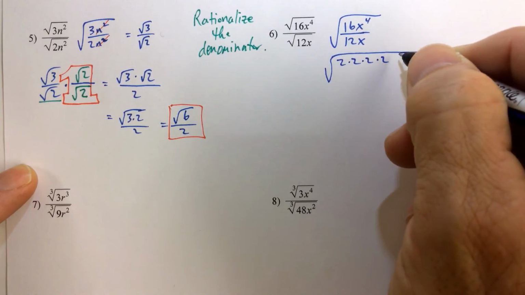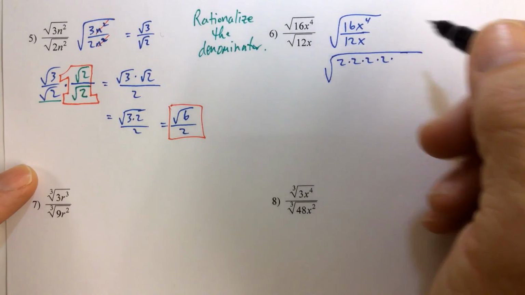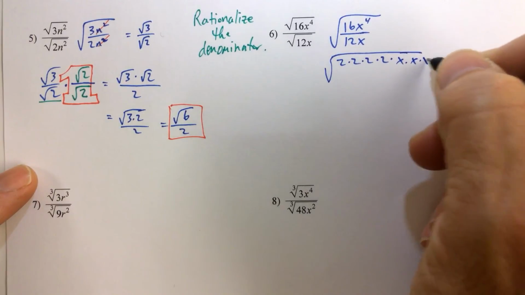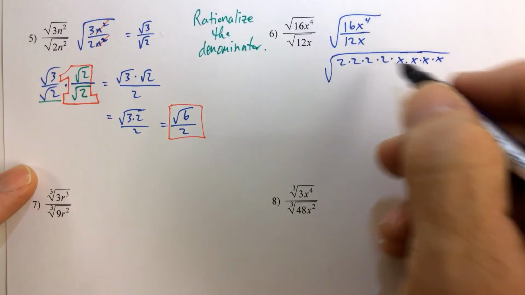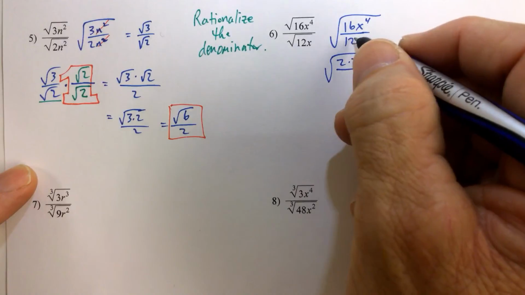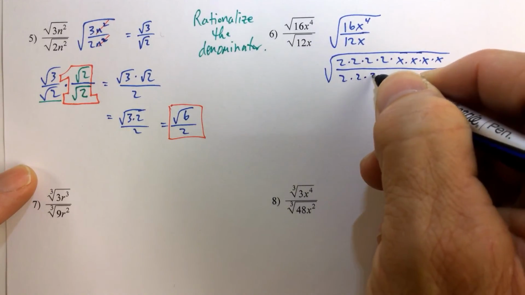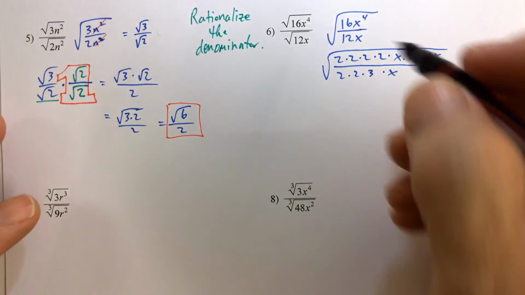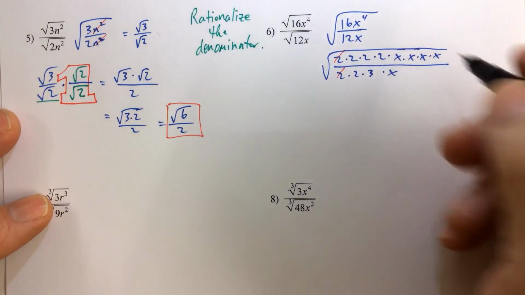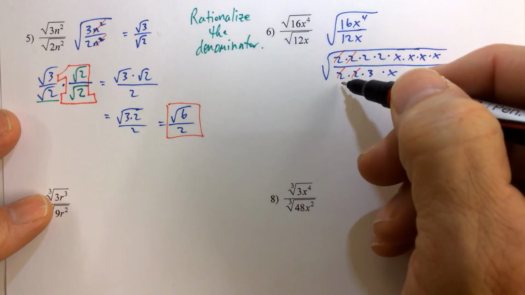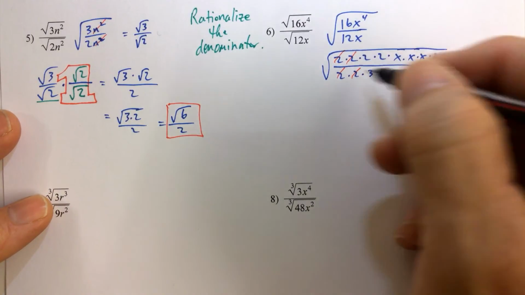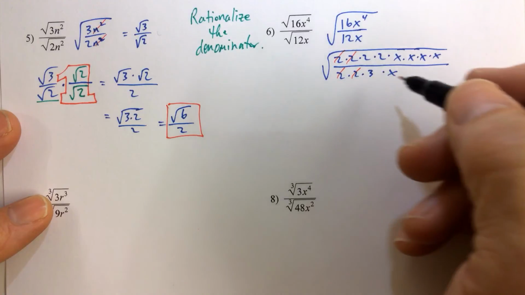We had rational expressions that we were simplifying, so we prime factored every single thing, so we could see 12 is 2 times 2 times 3, and then we have an x. Anytime we have the same factor in the numerator and denominator, we get to cancel, because any number divided by itself is 1, and 1 times anything is the anything, so we don't write the 1.